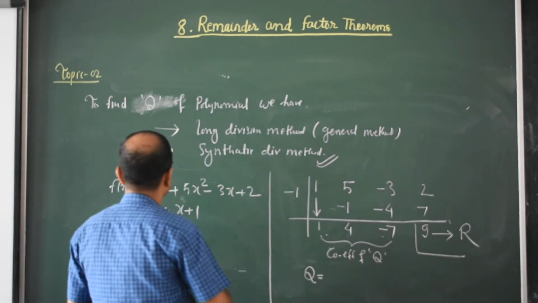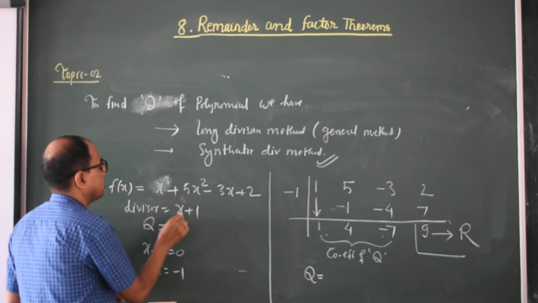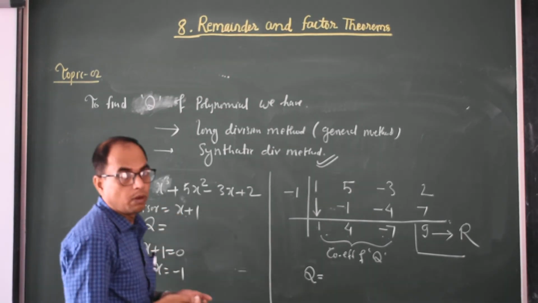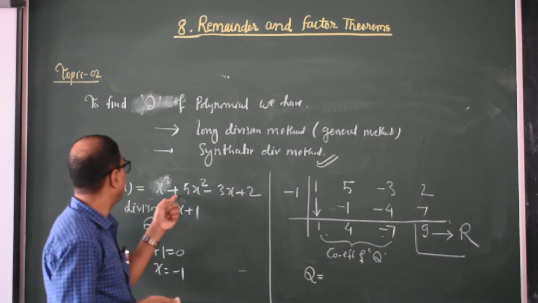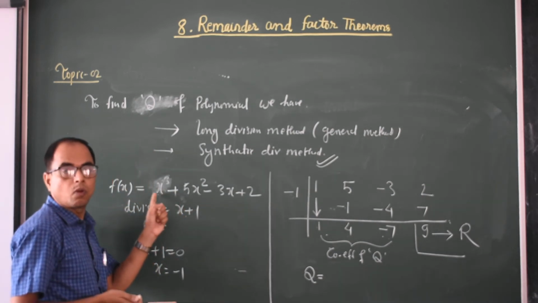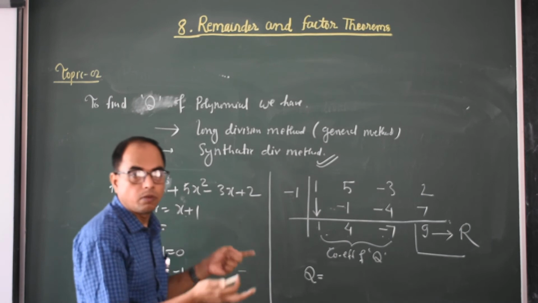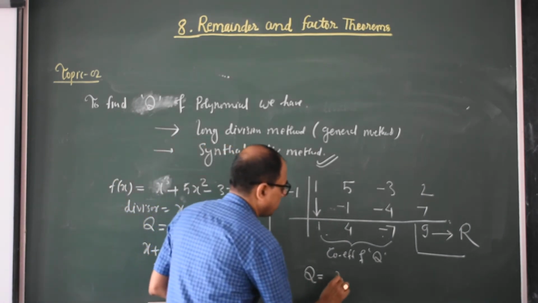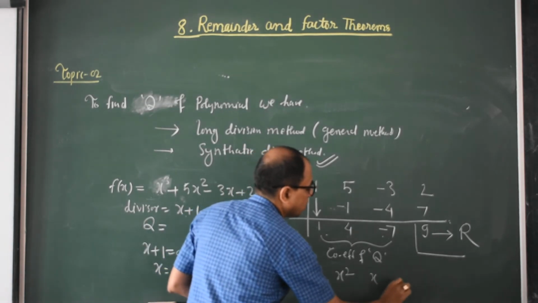When this cubic polynomial is divided by x plus 1, the degree of the quotient will be 1 less than the degree of the polynomial. If the degree of the polynomial is 3, then the degree of its quotient will be second degree. It means the quotient must have x square, x and a constant.